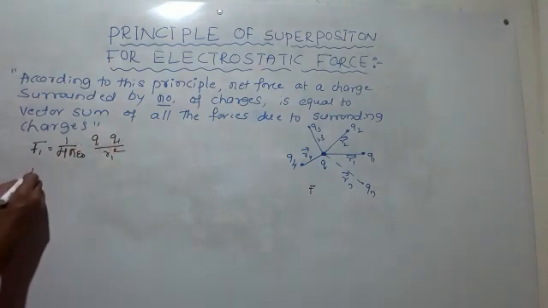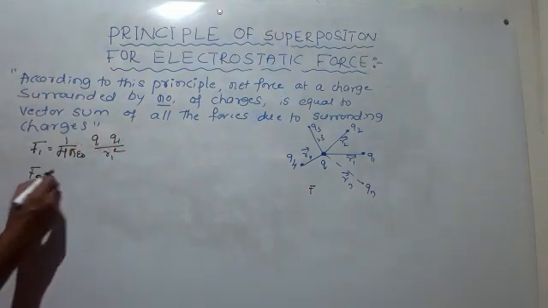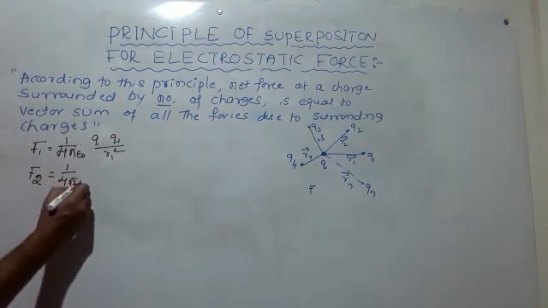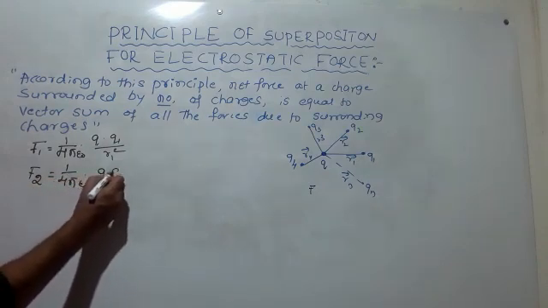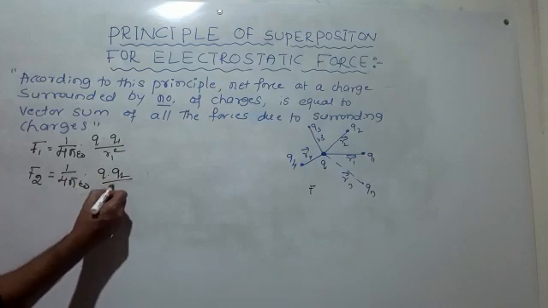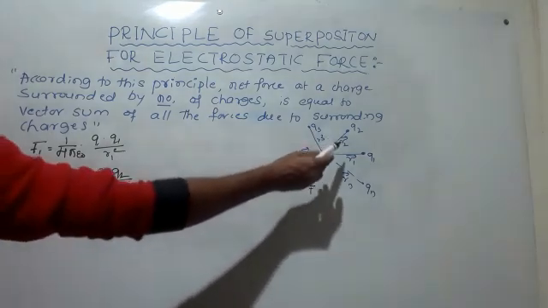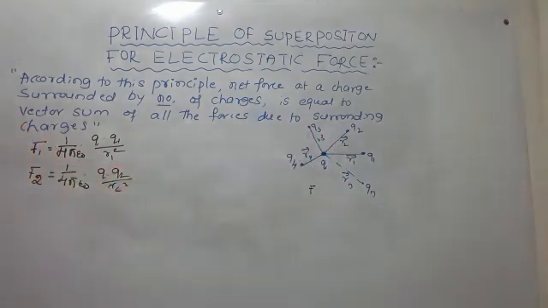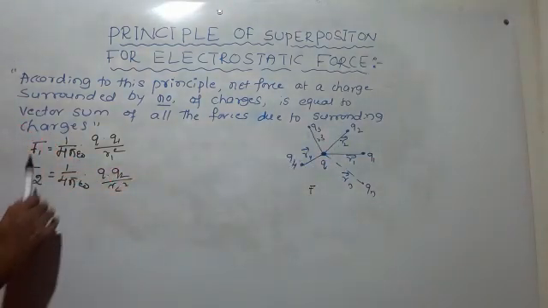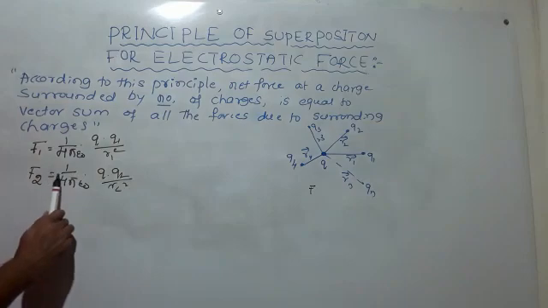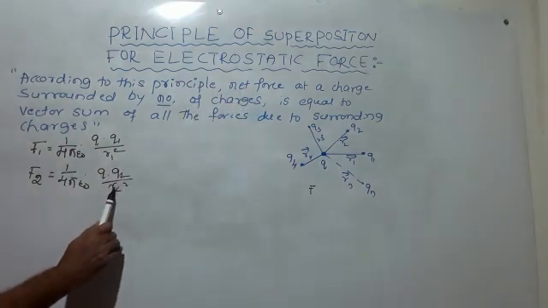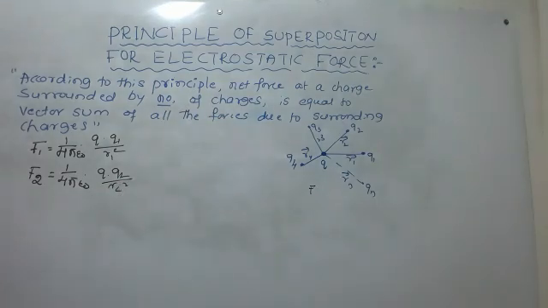Similarly, the force on Q by Q2 is 1 divided by 4 pi epsilon naught, Q Q2 divided by R2 square. The distance is R2, therefore F2, the force on Q by Q2, is equal to 1 divided by 4 pi epsilon naught, charge Q into charge Q2, divided by the distance between them, that is R2 square.